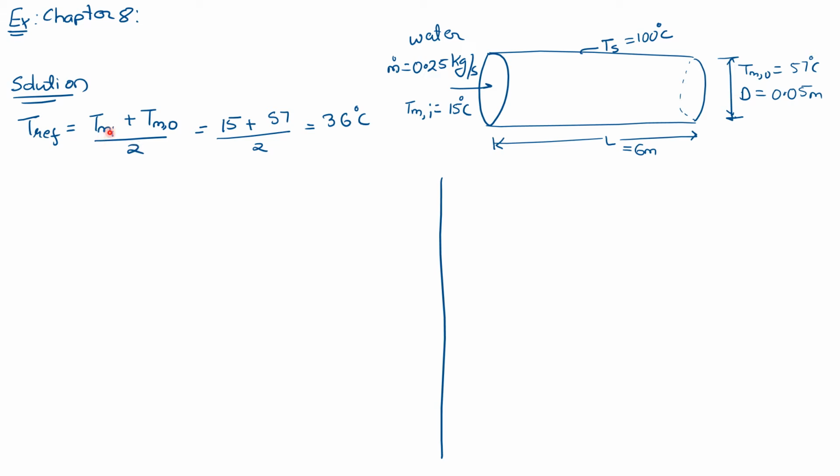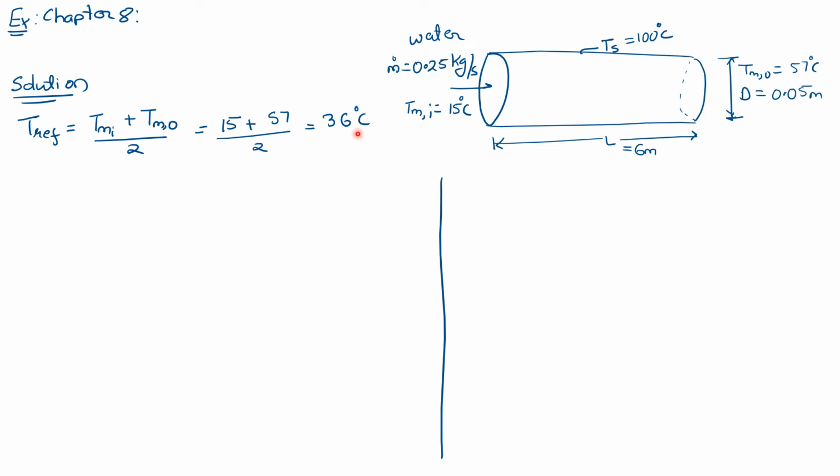And why is that? If you just take the temperature of the inlet, you know that the fluid is going to be at a higher temperature than that, and the mean temperature will be somewhere between the inlet and the outlet. So that's why we use the average temperature to calculate the thermal properties.